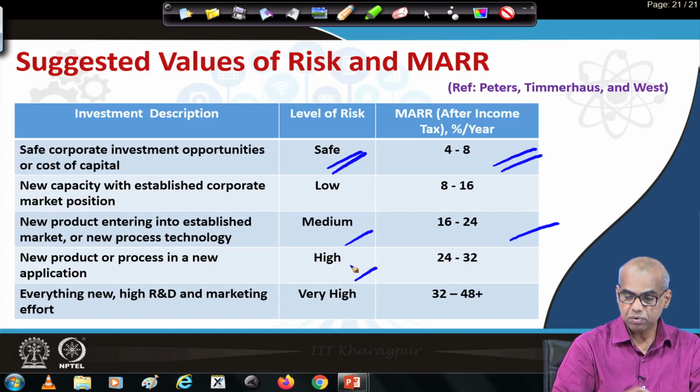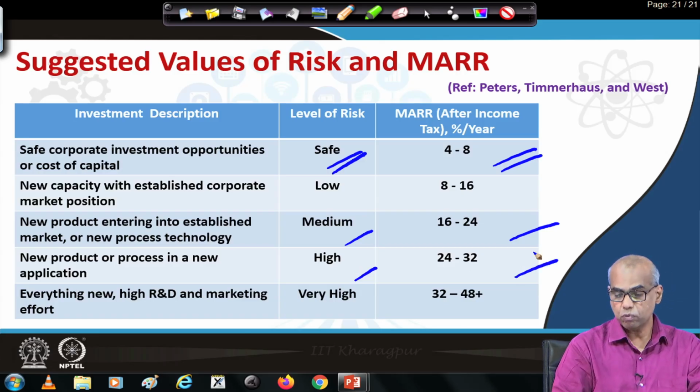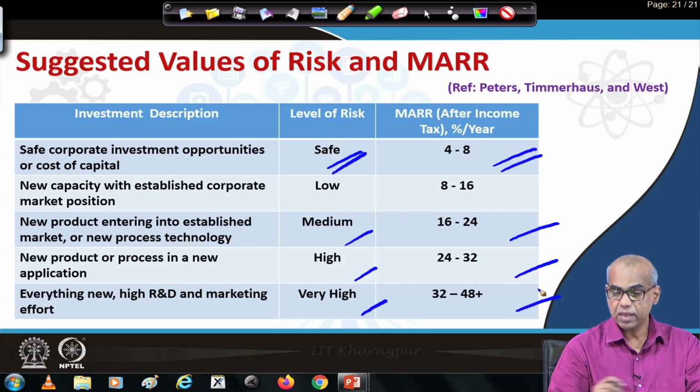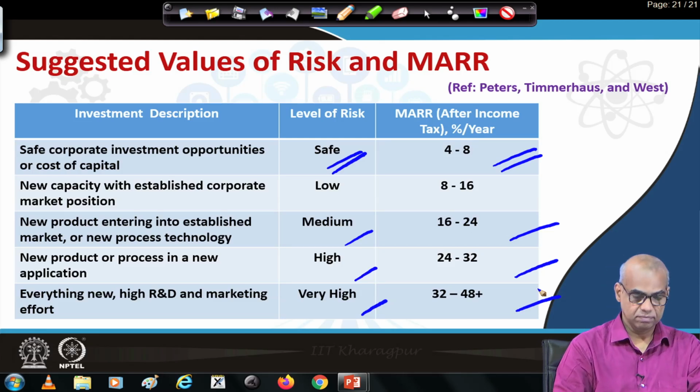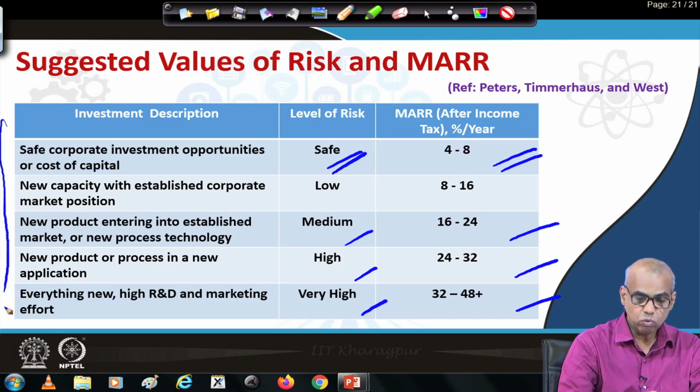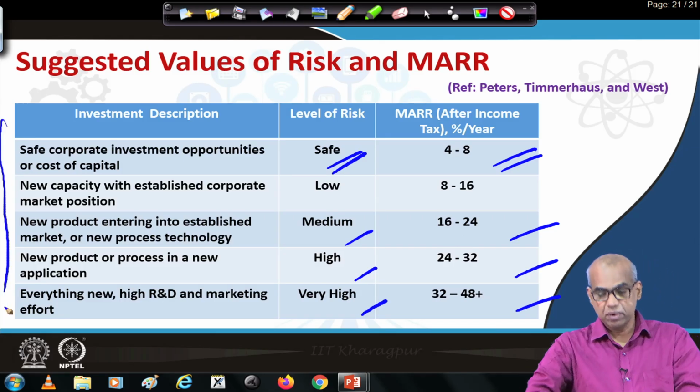For high level of risk, the minimum acceptable rate of return may lie between 24 to 32%, and when the level of risk is very high, the minimum acceptable rate of return has to be set as high as 32 to 48 or plus percent. And these are the investment descriptions which has corresponding level of risk.